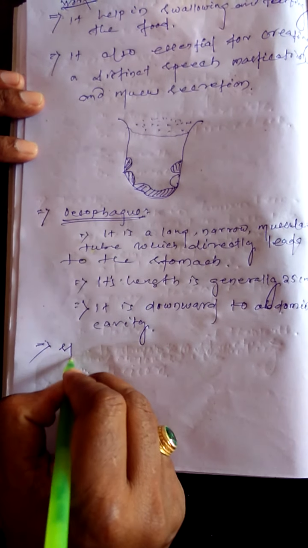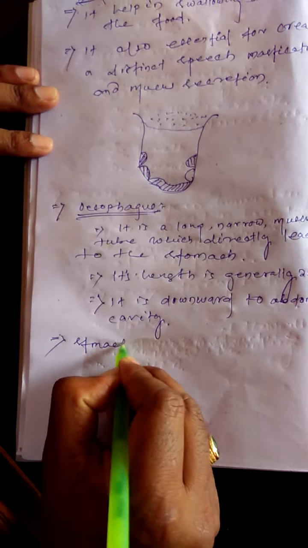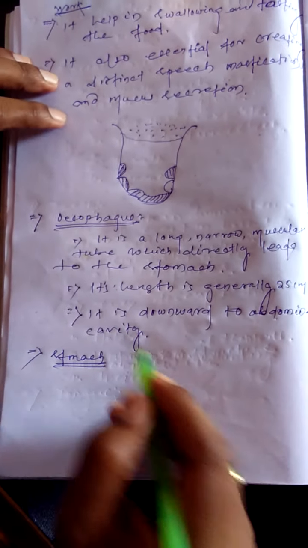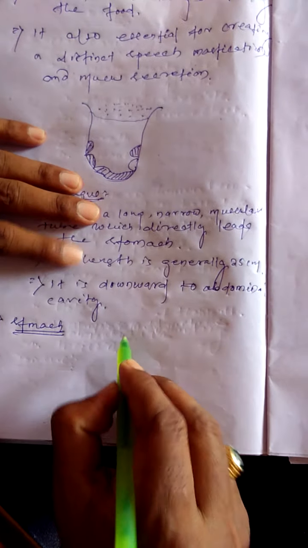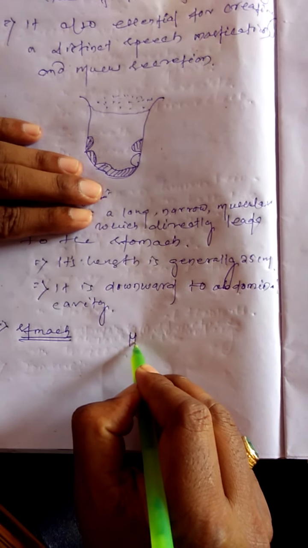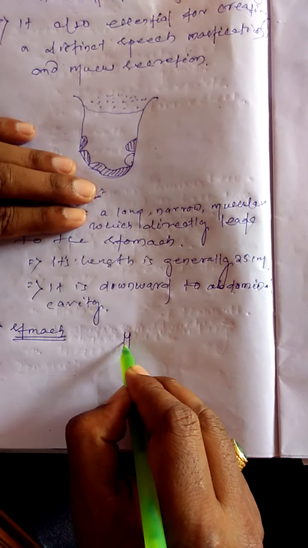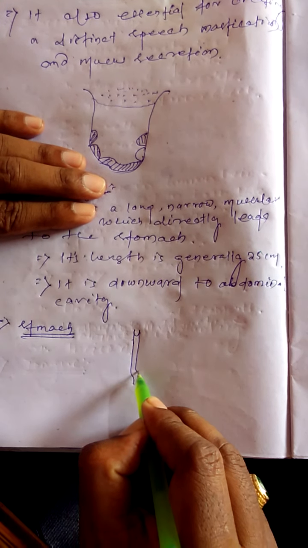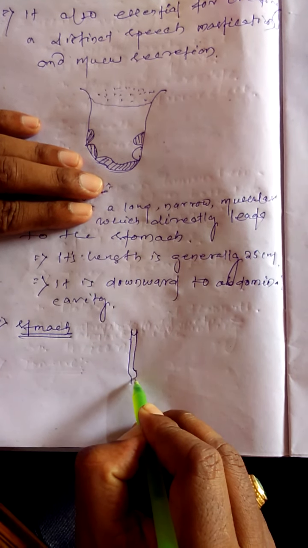Let's discuss the stomach. In stomach cases, we have to make the diagram first. Some oval-like structure is there.